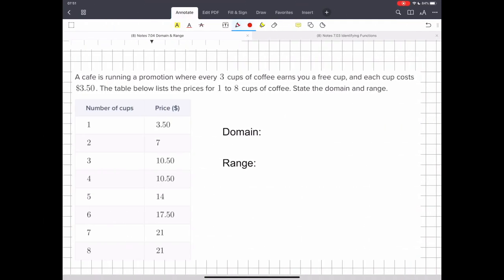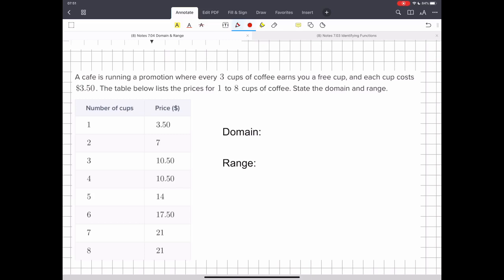Our last example involves finding the domain and range in a table. In this particular problem, we have a word problem. So a cafe is running a promotion where every 3 cups of coffee earns you a free cup, and each cup costs $3.50. The table below lists the prices for 1 to 8 cups of coffee. State the domain and range. As we've discussed already, the domain is our x values and range is our y values.